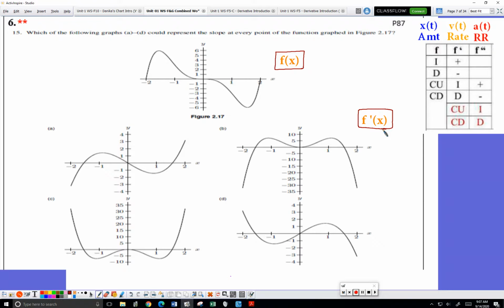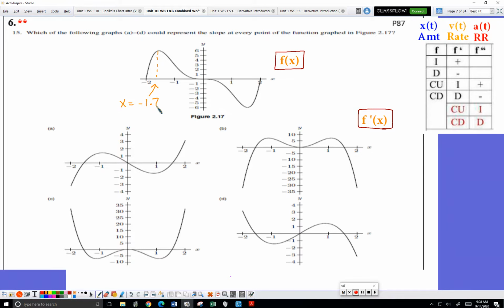Memorize this statement. Every tangent slope on f is a y-coordinate on f prime. For example, right here on f, if I go to this x-coordinate, so just estimating, that's about x equal negative 1.7.